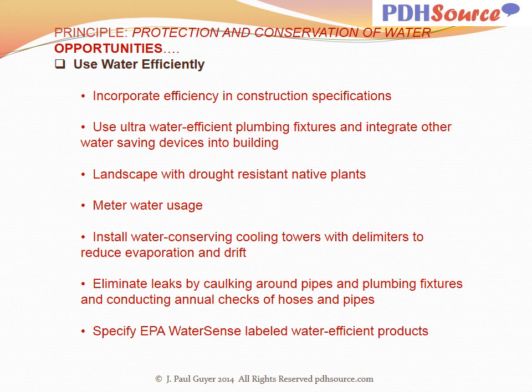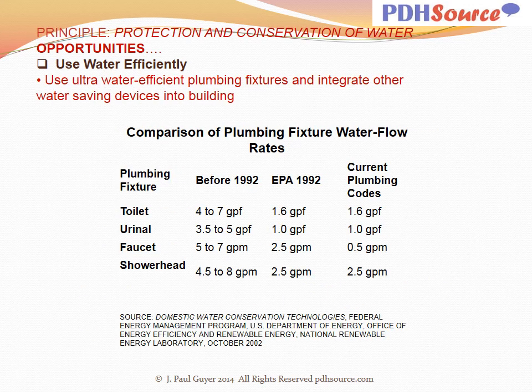They are much more water efficient than they were not that long ago. For illustration purposes, a toilet, a water closet, prior to 1992, typical water closet used 4 to 7 gallons per flush. Today, the rule of thumb, and indeed it's incorporated into plumbing codes, is 1.6 gallons per flush.